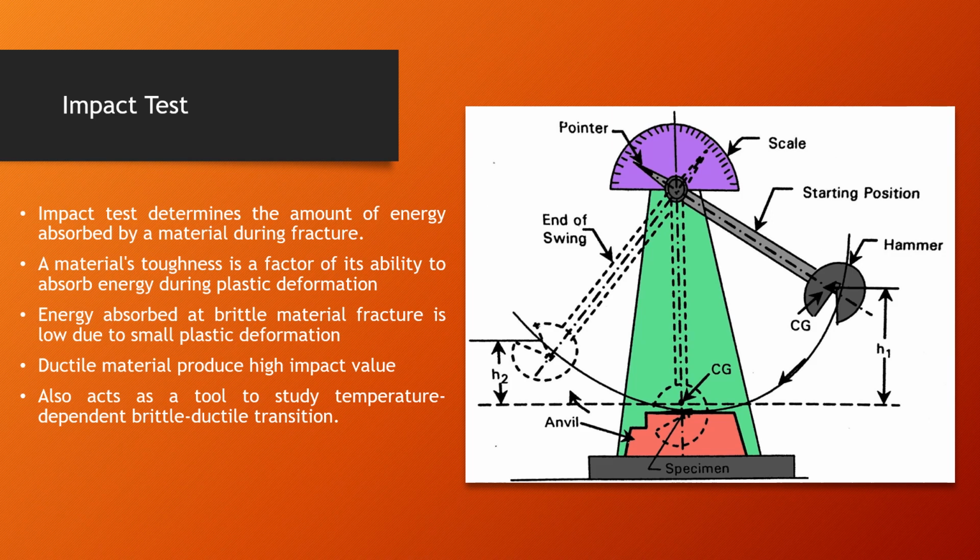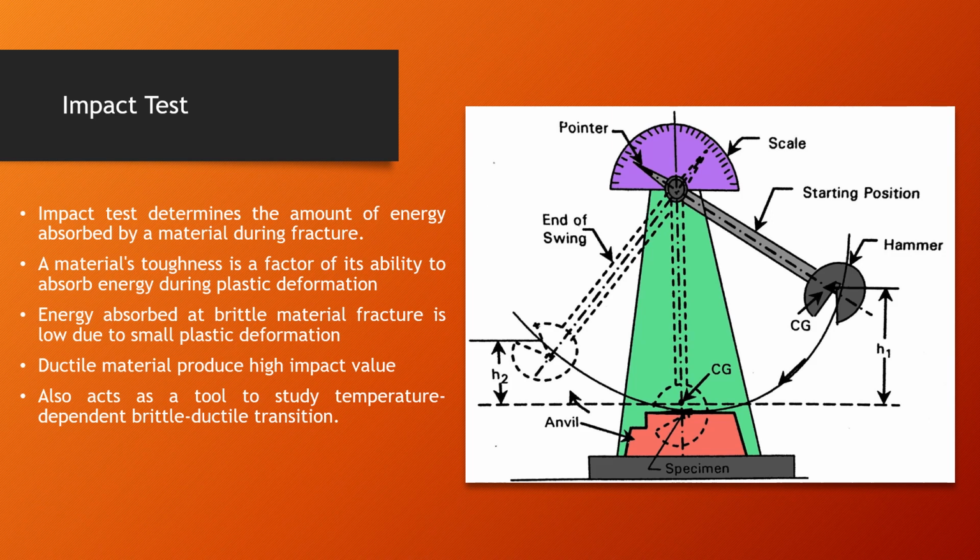Impact test is basically a destructive test that determines the amount of energy absorbed by a material during fracture. Usually in an impact test, you'd have a notched specimen which is fractured using some form of impacting body.